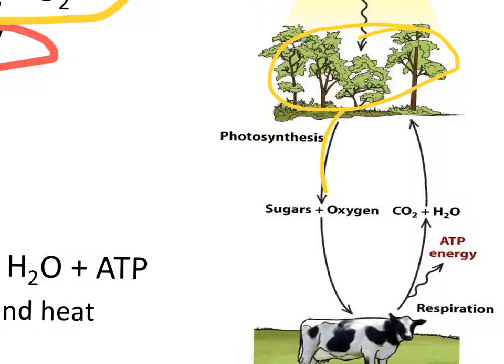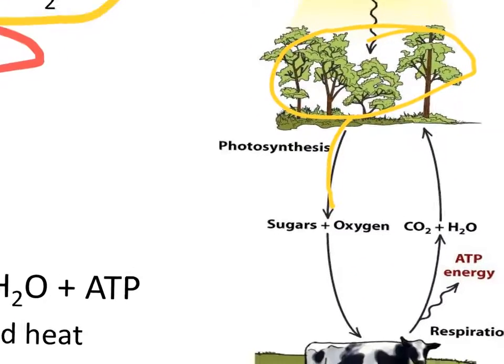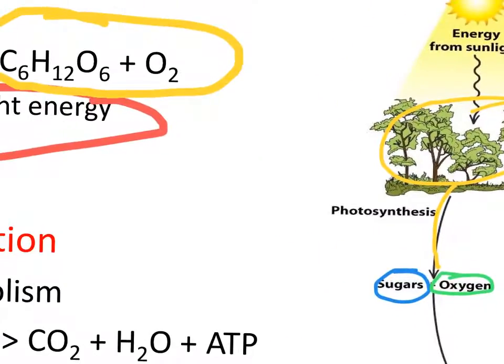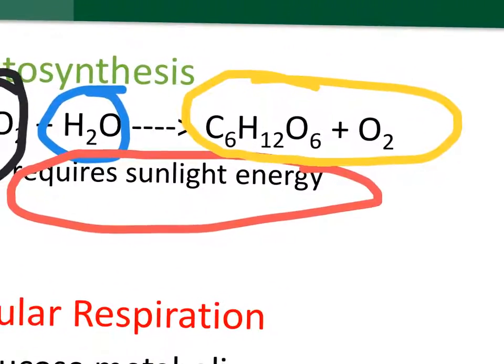It takes carbon dioxide out of the air and the sun energy and transforms it into sugars and oxygen. Okay, so oxygen is being released. That comes originally from carbon dioxide and H2O.